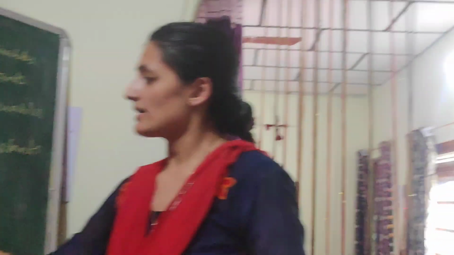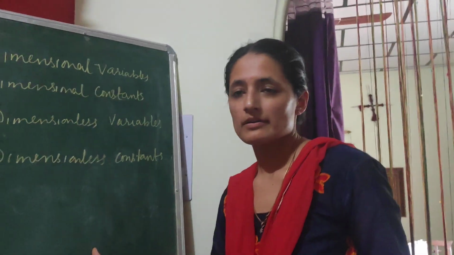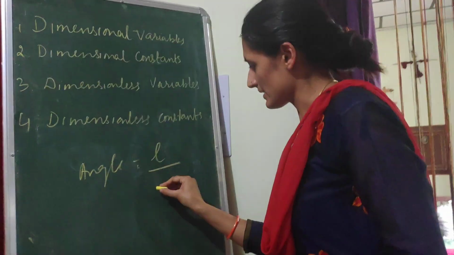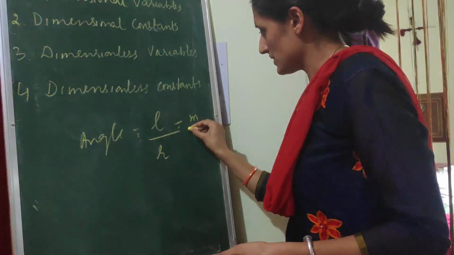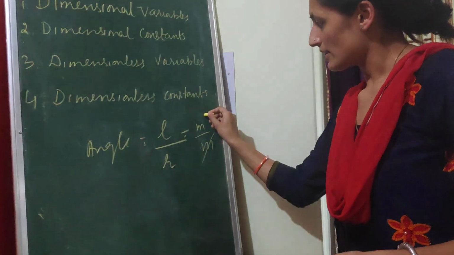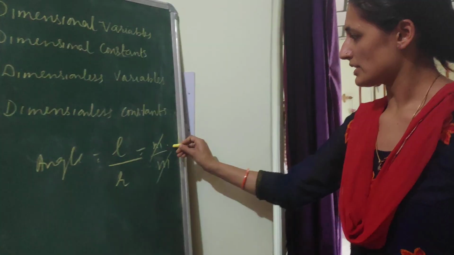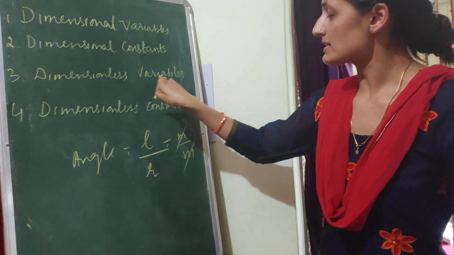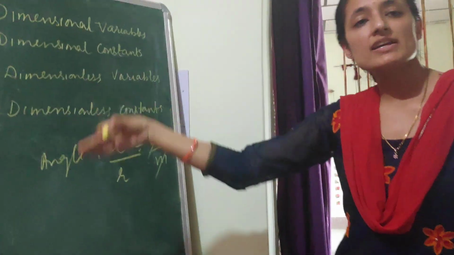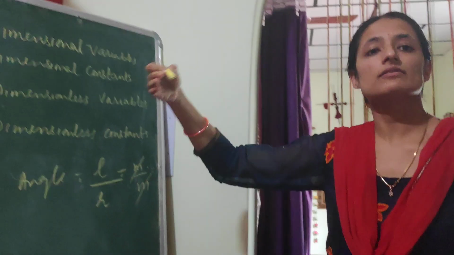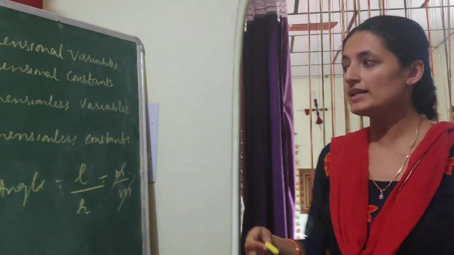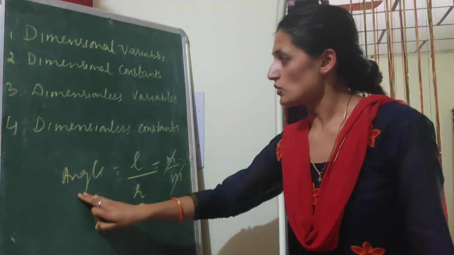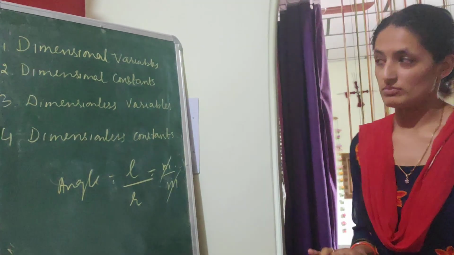Angle is the length of an arc upon radius. Meter and meter cancel, so there will be nothing left. So angle is a variable. Yes, angle can have any value, 20 degree, 30 degree, 50 degree, 60 degree, 70 degree, any value, but it does not have dimensions. So angle is a dimensionless variable.